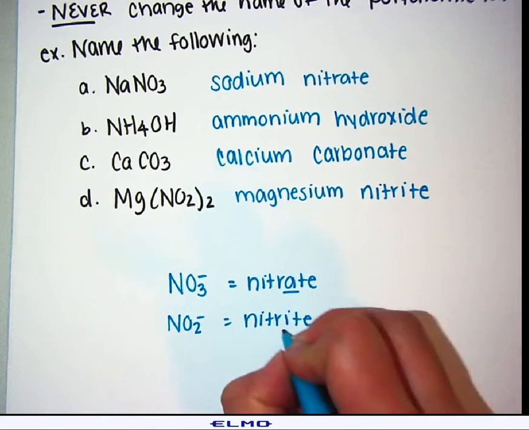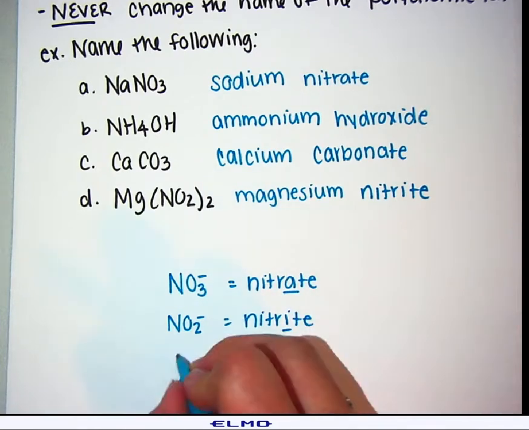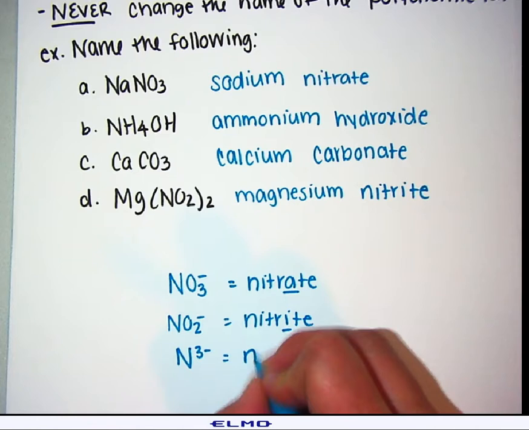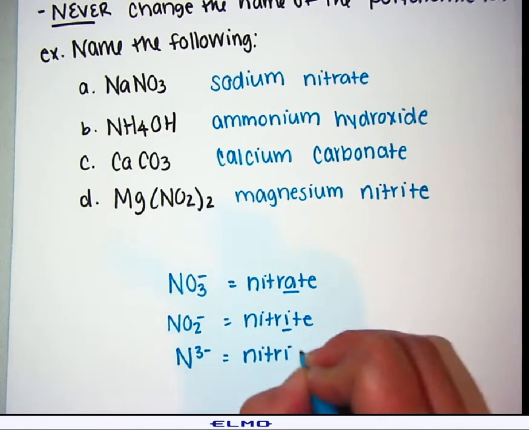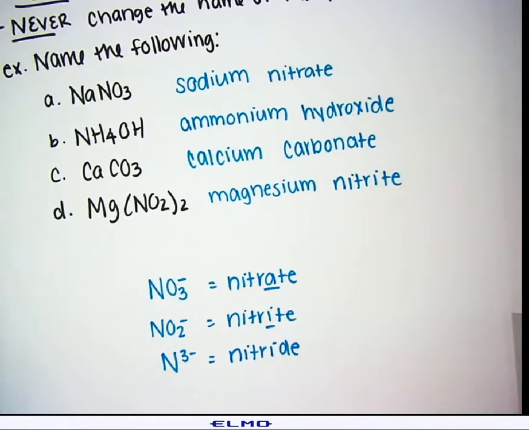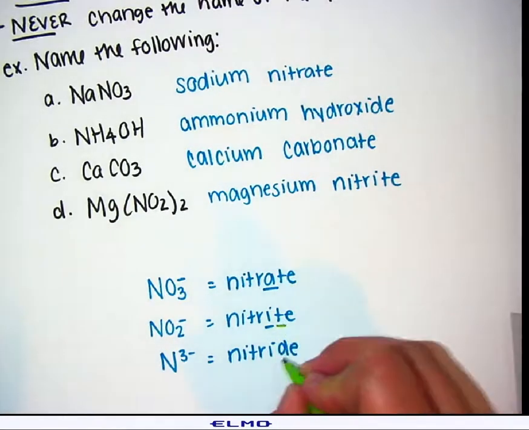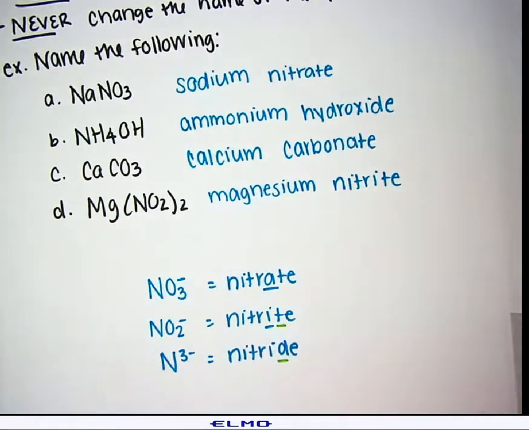They only differ by one letter. If I had the nitrogen anion, we would drop the ending and add IDE. This would be nitride. So nitrite and nitride, again, only differ by one letter. So be very careful with your spelling and make sure you're paying attention to those endings and picking the correct polyatomic ion.